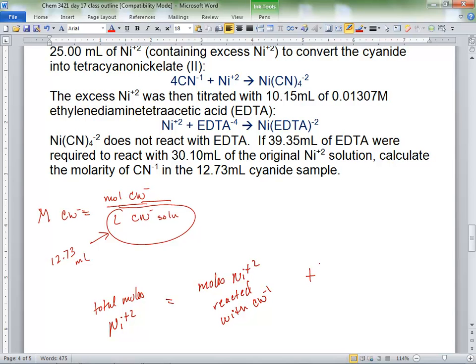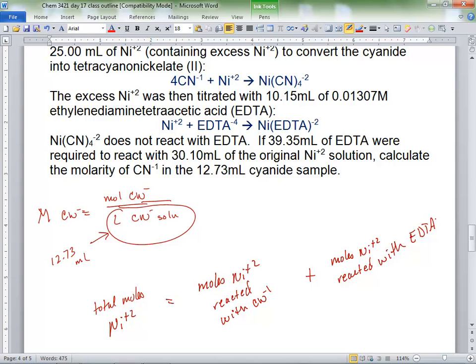And then that leftover nickel was reacted with what? What did it say? Yeah, EDTA, ethylenediaminetetraacetic acid. I'll just say moles of Ni2+ that reacted with EDTA.